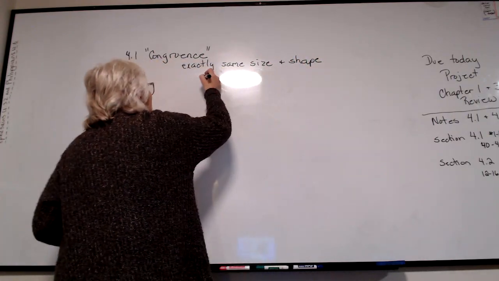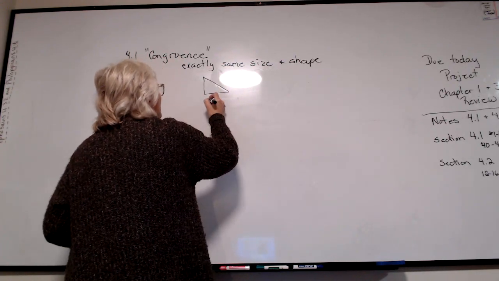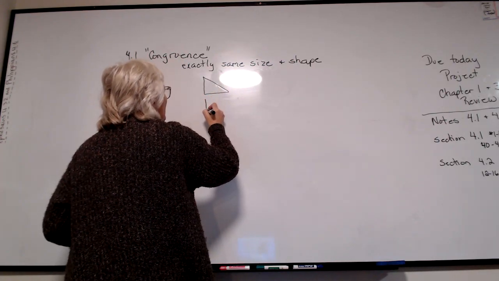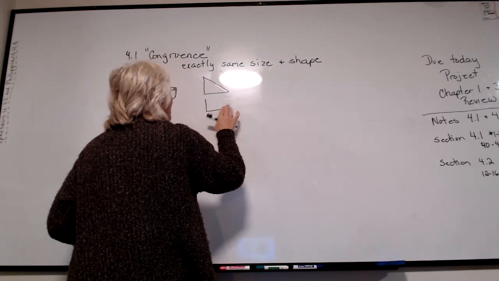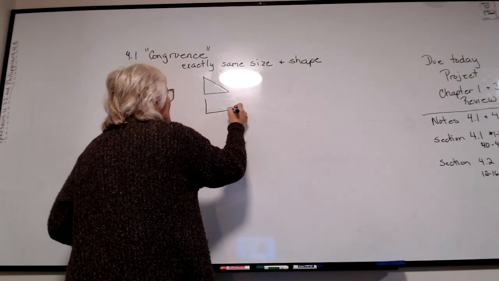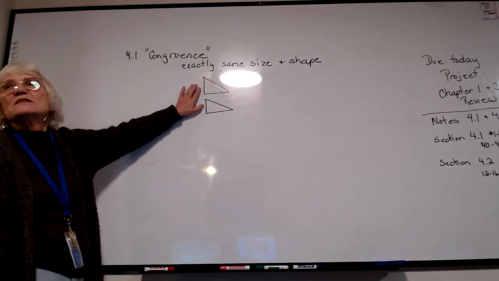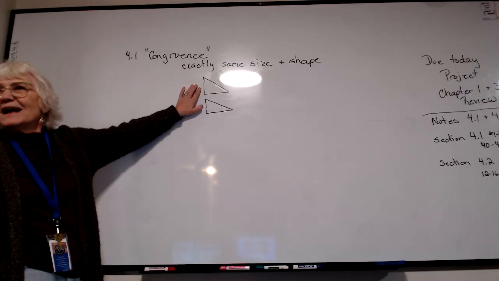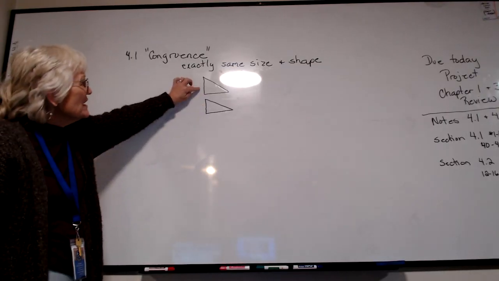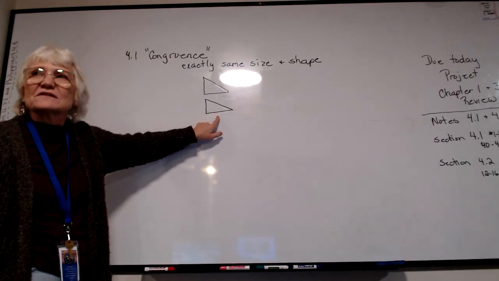If I draw a right triangle like this, and I draw another one that's exactly like that, and I'm not a good drawer, so I probably can't do it without a ruler, but those are meant to be congruent. That means this and this, this and this, that and that are all the same.